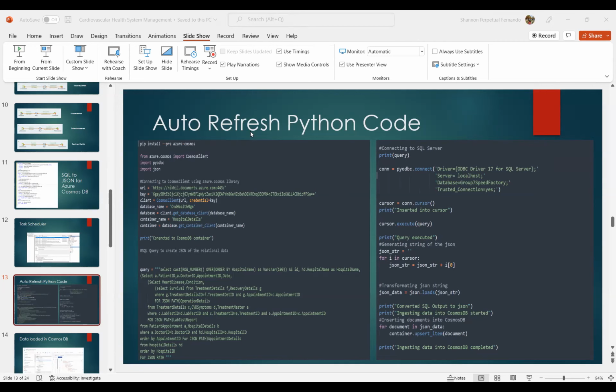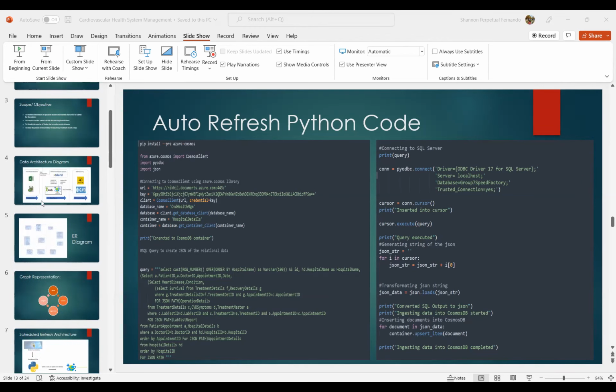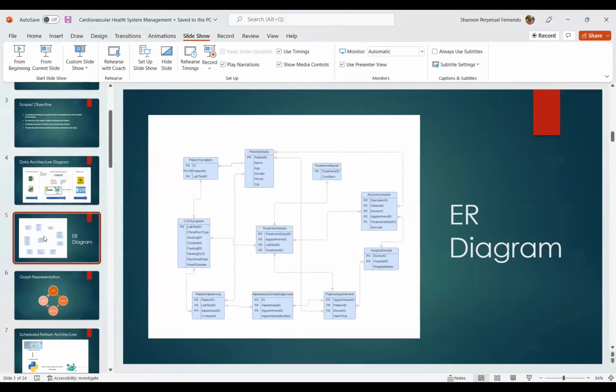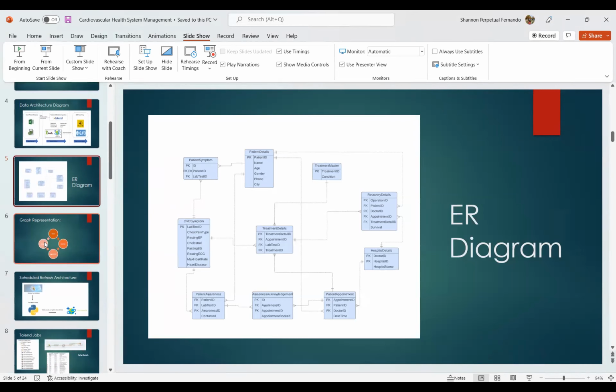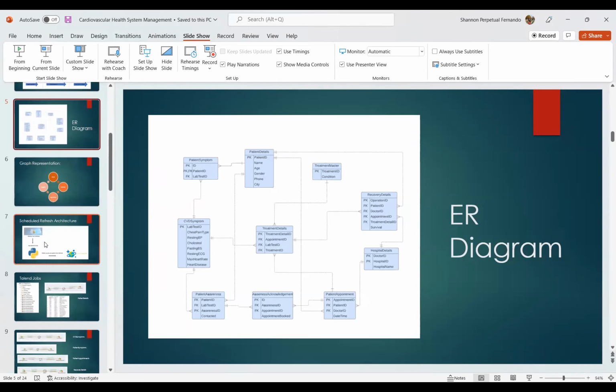And also, could you go back to your ERD, please? Yep, sure, Professor. So there are quite a few entities. How many document collections did you create in the Cosmos DB? So, Professor, we have only created one as of now by using joins and collecting data through multiple tables.